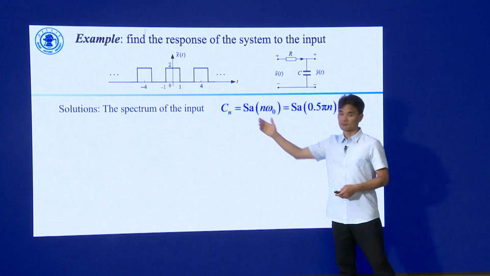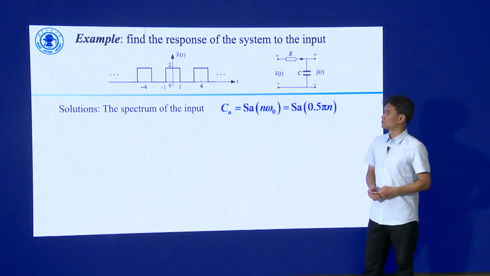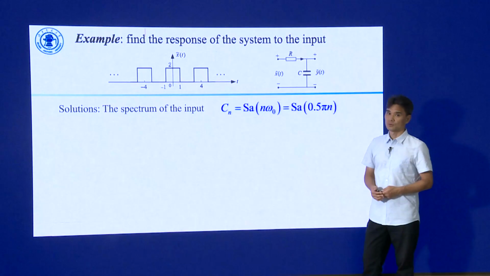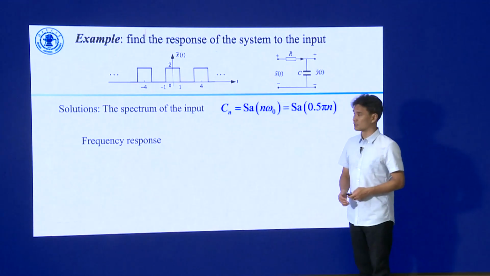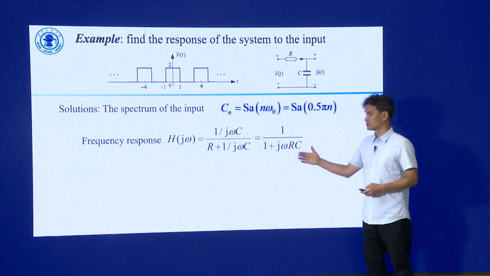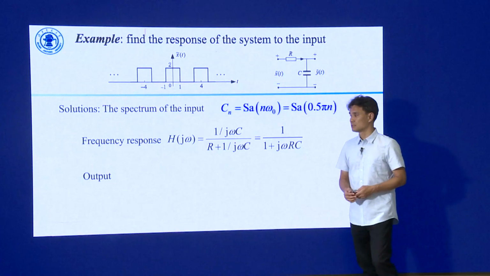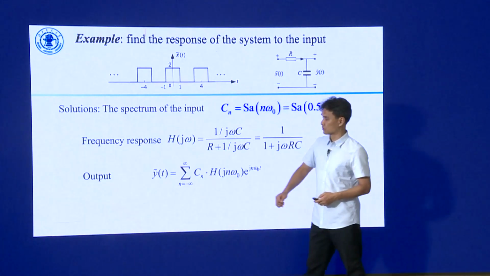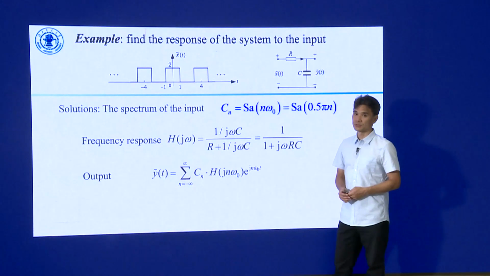This is the Fourier series for the periodic rectangle signal. From the previous example, we know the frequency response for an RC circuit, and from the previous slide, we know the system's zero-state response is given by another Fourier series like this.